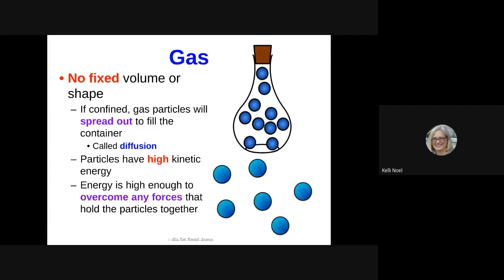And so it's going to have even more kinetic energy. So they're going to have a higher kinetic energy than the liquid. And pretty much it's high enough that they can overcome any forces that are trying to hold the particles together. So we're going to see a lot of space in between the particles there.